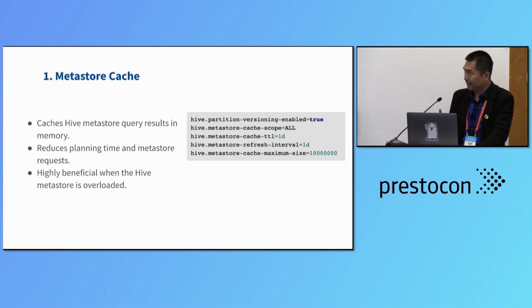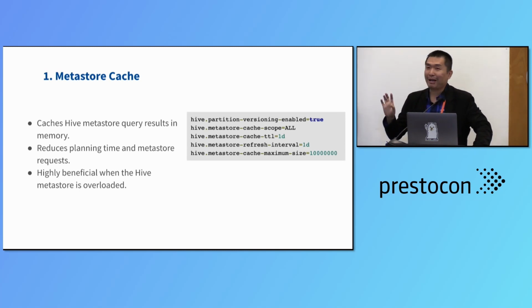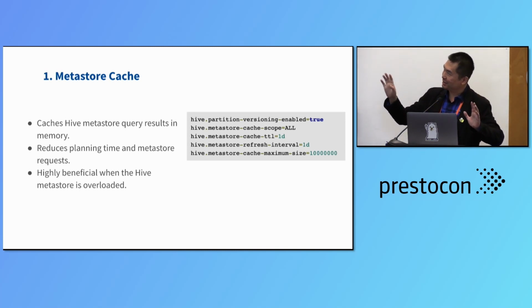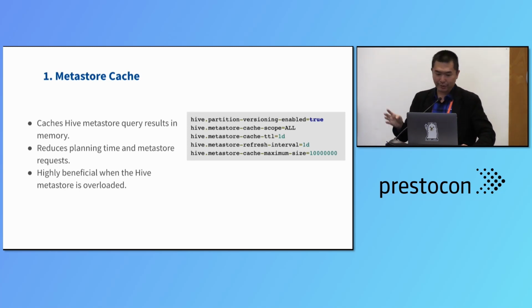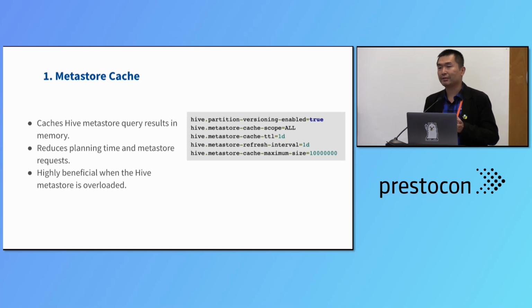Today, I'm not just going to give you technical detail. I want to give you the evolution of this kind of cache and how we can use it. The first one is the metastore cache. Sometimes when you are running Presto, your Hive metastore will probably be the bottleneck, because the Hive metastore is backed by MySQL.